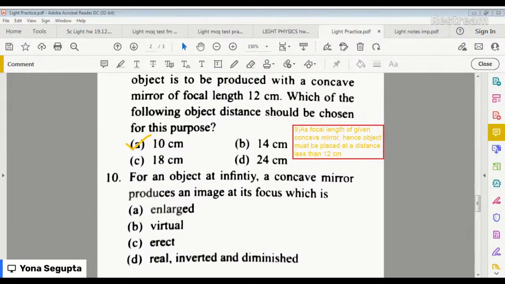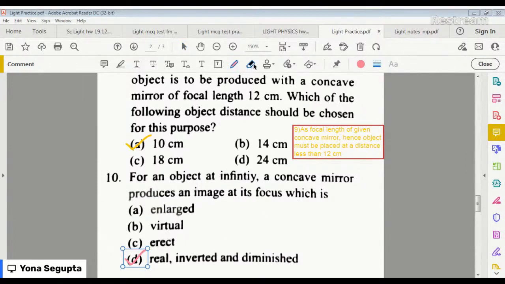So for an object at infinity, a concave mirror produces an image at its focus, which is real, inverted and diminished, which is option D here. Let me write the answer.